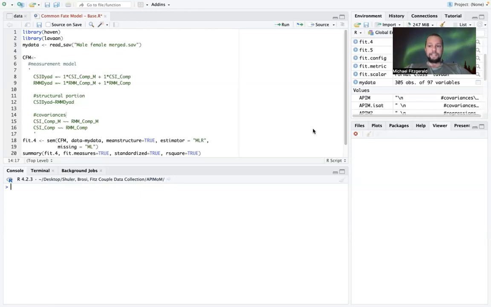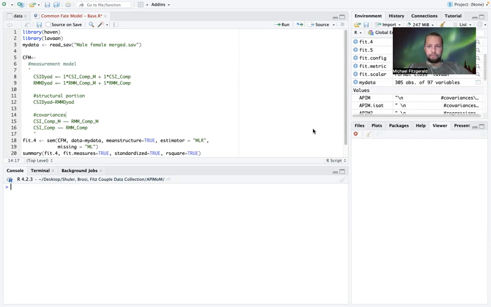It's relatively easy to understand. It's really easy to estimate. It can be estimated in both SEM and multi-level modeling, and it's a highly flexible method. But what we're going to talk about today is the common fate model, which is a little bit less flexible.